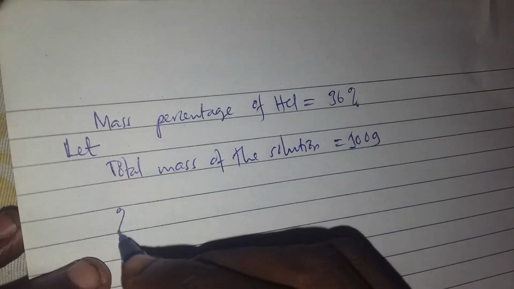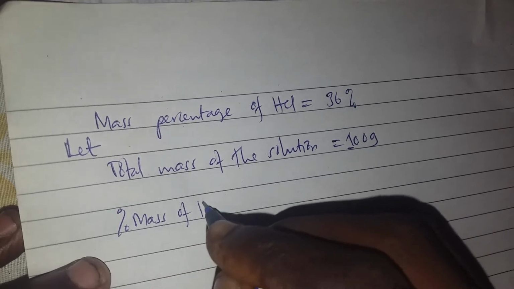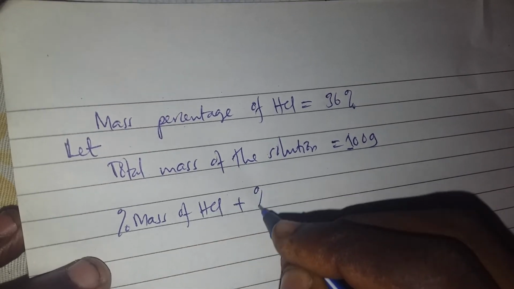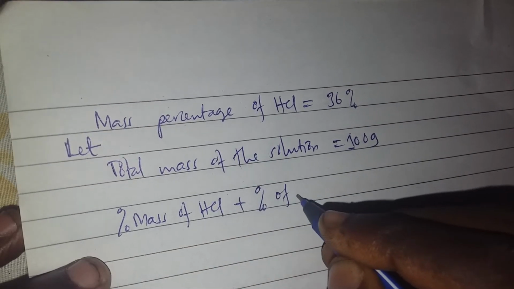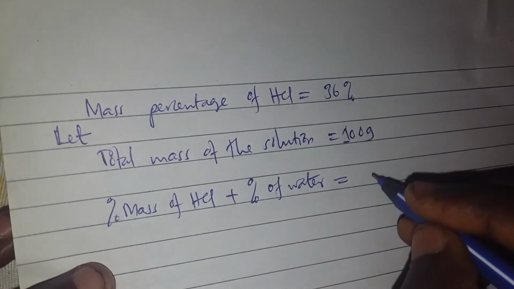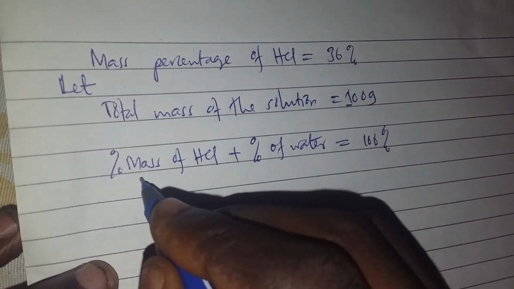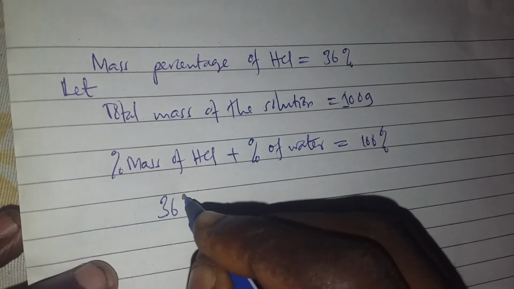Now, mass percentage of HCl plus mass percentage of water is equal to 100%. As we already know that mass percentage of HCl is 36%.